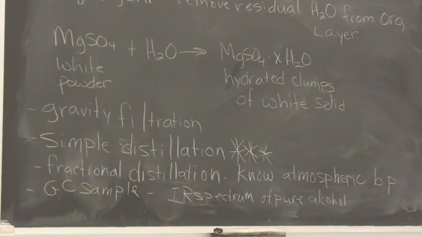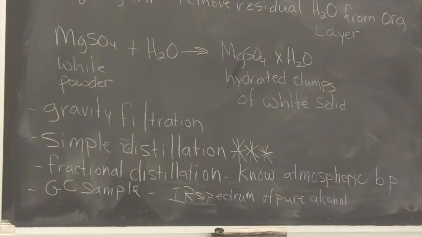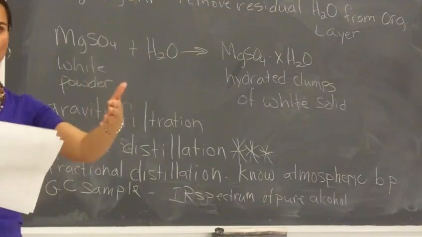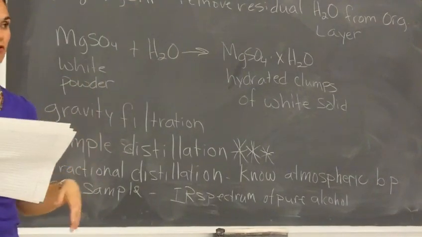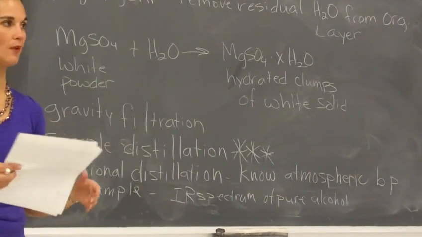Well, 3-octanol's IR spectrum is going to be very similar to 4-octanol because they're very structurally similar. If you have 4-octanol and you use 1-octanol's IR spectrum, it's not going to be as similar because you're talking about a primary and a secondary alcohol. So the spectrum, especially in the fingerprint region, is going to look a little bit different. So if you can't find the IR for your product, use something that is structurally similar, okay?